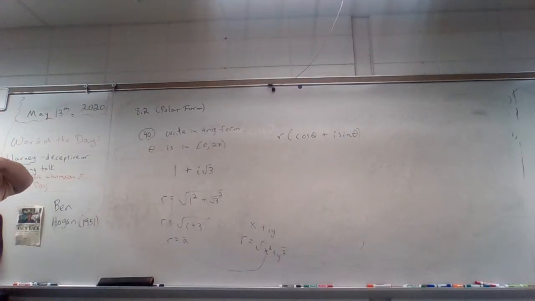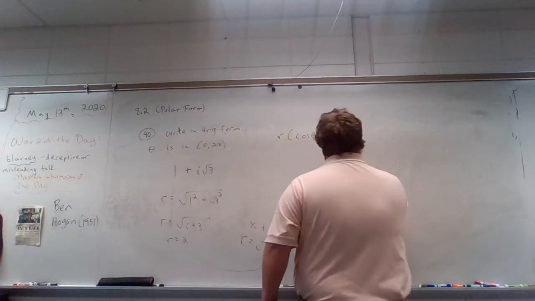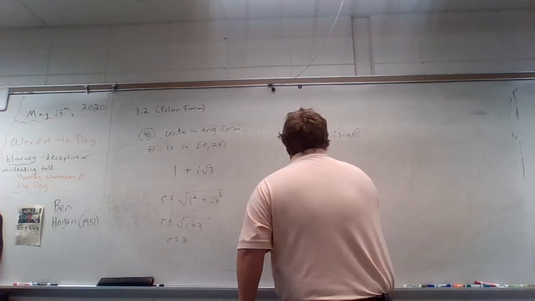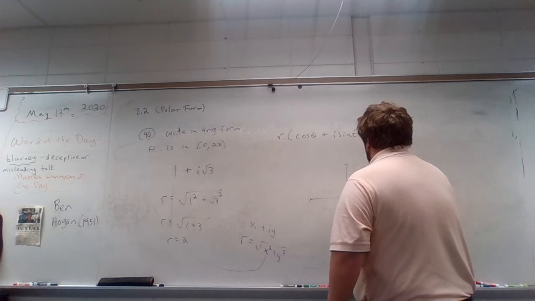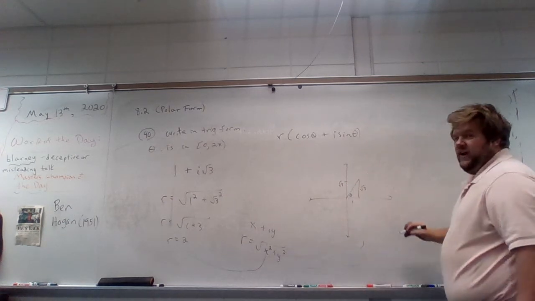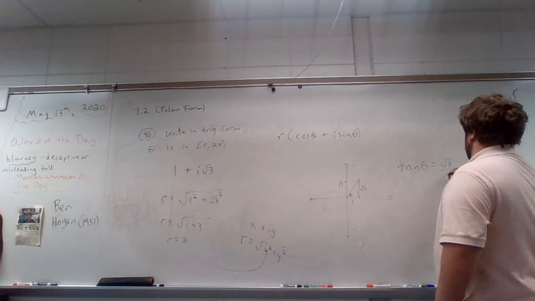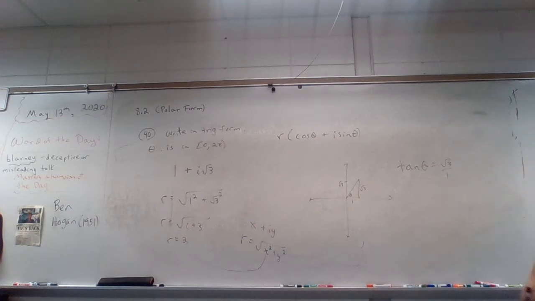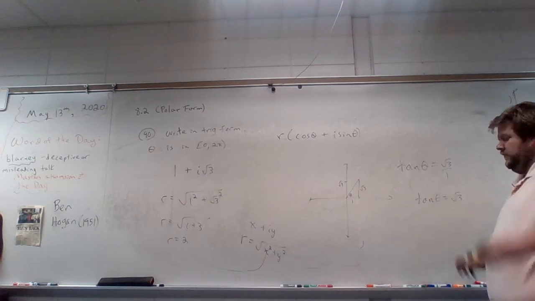Okay? And then I also need to think about theta. So for that, maybe if you draw a picture, and we want this angle between 0 and 2 pi here, 1, root 3. So maybe I know that the tangent of theta is, from this picture, root 3 over 1, or just root 3. When is the tangent of theta going to be root 3?